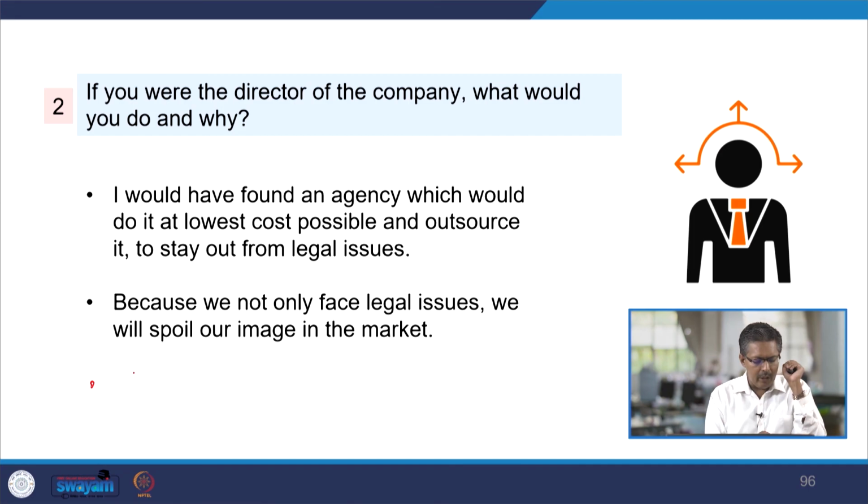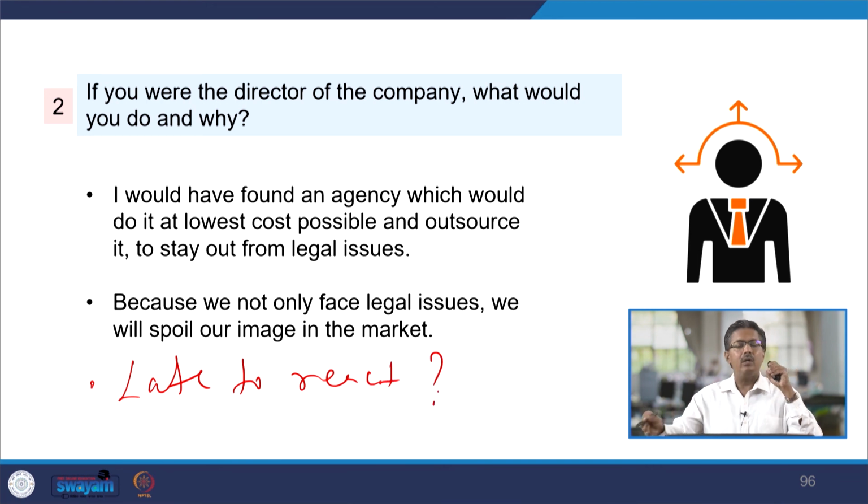This would have been one important point which I would have looked into, so that we do not become late in certain other conditions in the future.